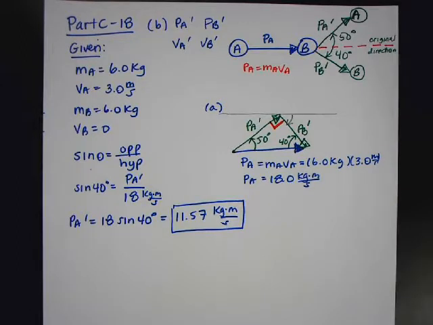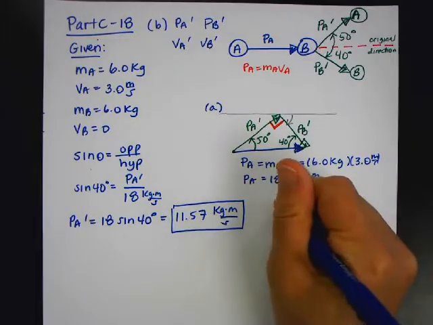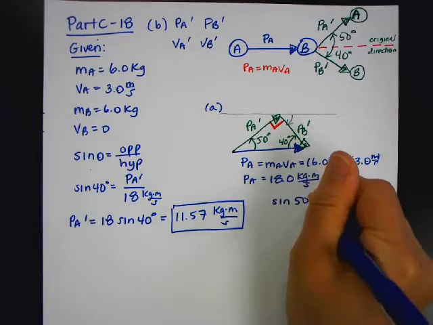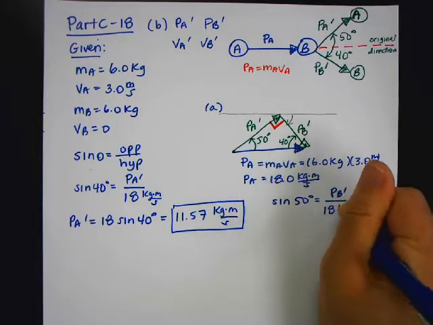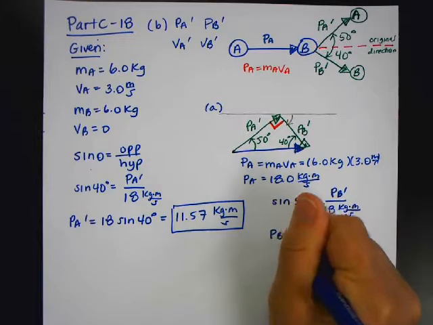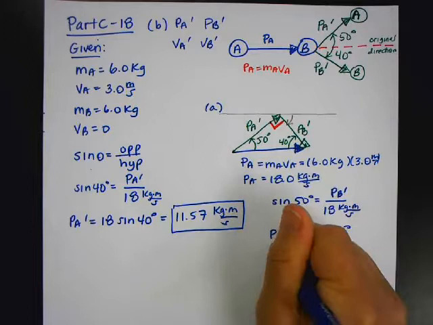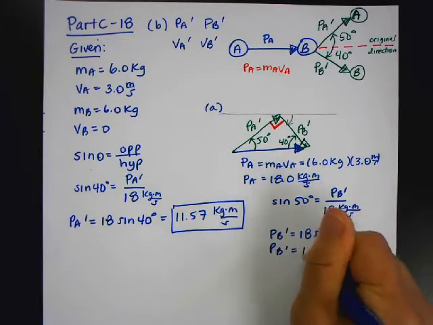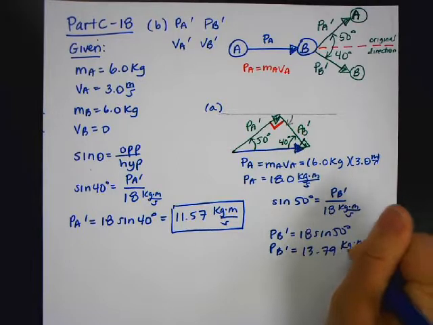So since I already did sine, I'm on that sine roll, I'll just do the same thing, and I'll say sine of 50 degrees is equal to PB prime over 18. So PB prime is equal to 18 times the sine of 50. So PB prime is equal to 13.79 kilogram meters per second.